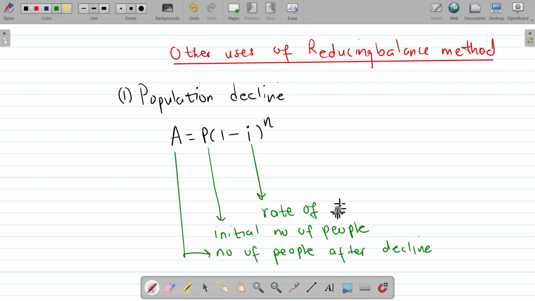It's always a percentage. And then N will be your number of years. So that is decay in a nutshell. Okay, cool.